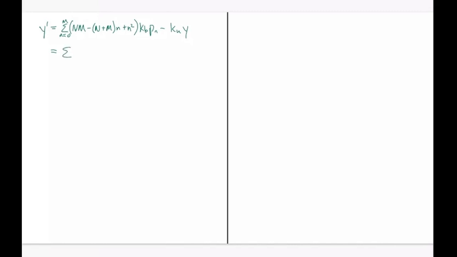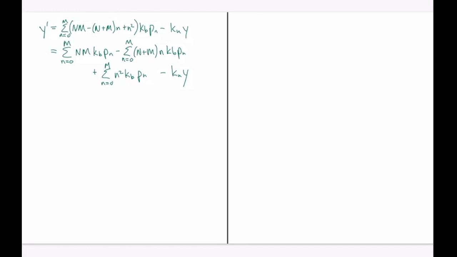So now we're going to rewrite this in separate sums. So we're going to have the sum from n equals 0 to capital M of nm kbpn, minus the sum from n equals 0 to m of n plus m times n kbpn, plus the sum from n equals 0 to m of n squared kbpn, minus ku times y.